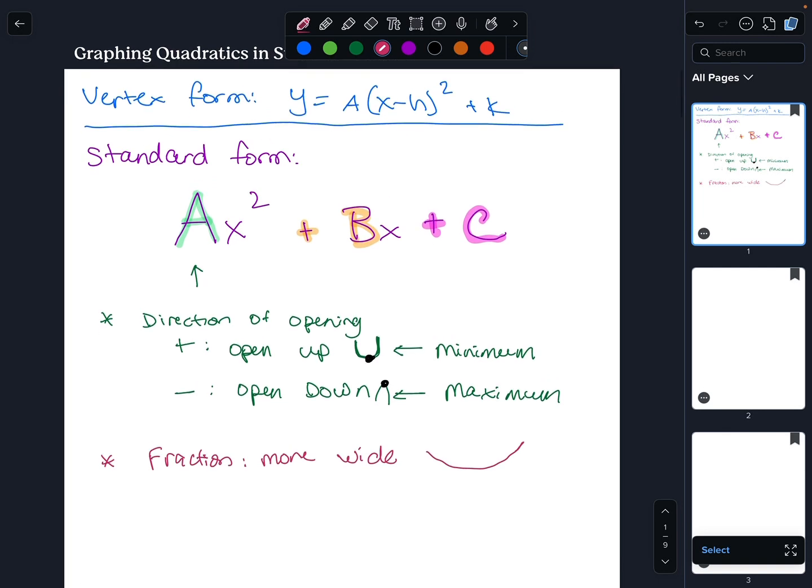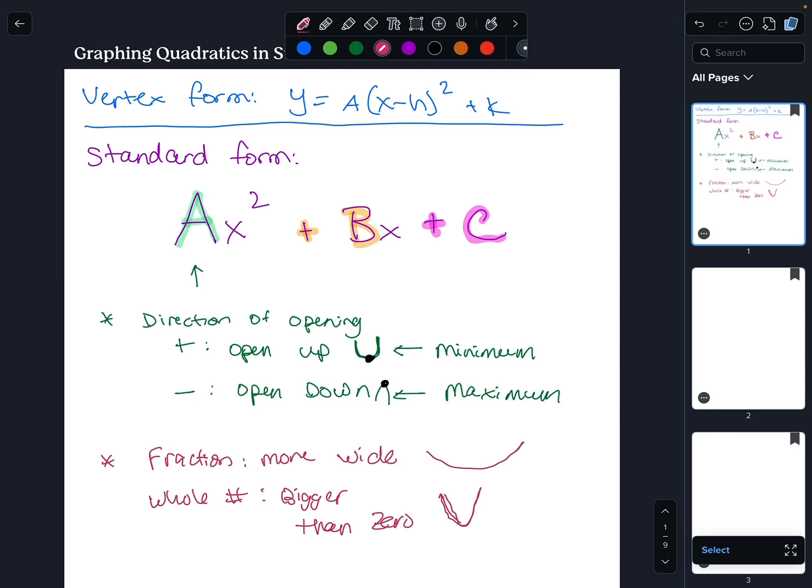If you have a whole number, and for the purpose of this, when it's bigger than 0, it makes it more narrow, okay?